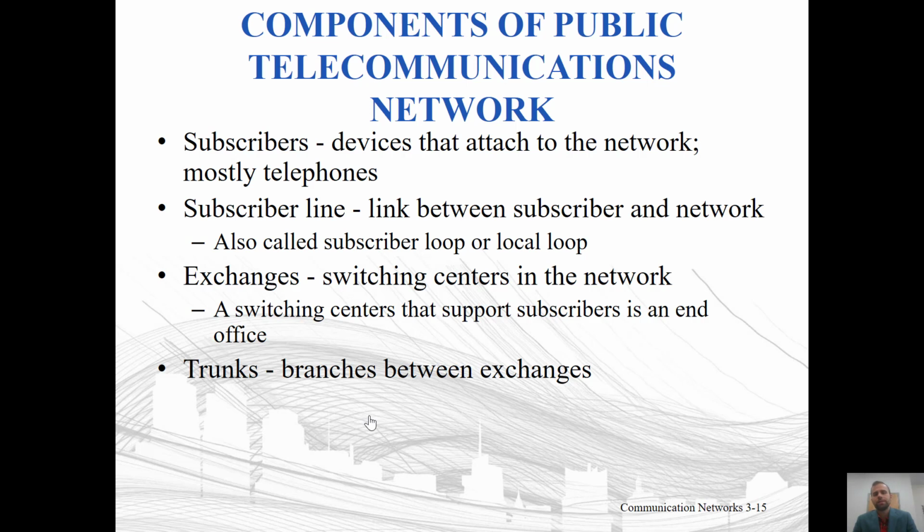A subscriber line is a link between subscribers and the network, also called the subscriber loop or local loop. Exchanges are the switching centers in the network. A switching center that supports subscribers is an end office, and trunks are the branches between exchanges.